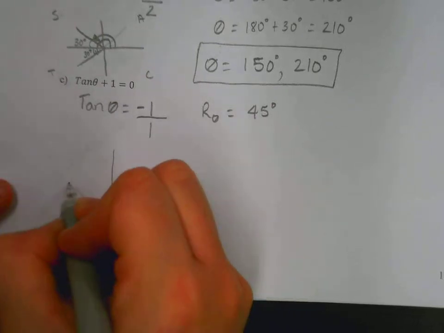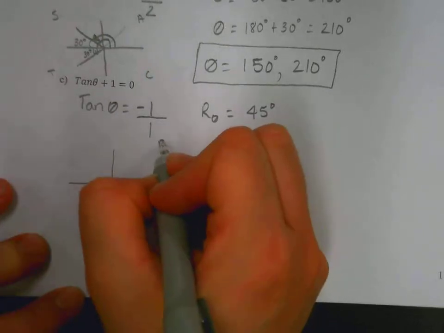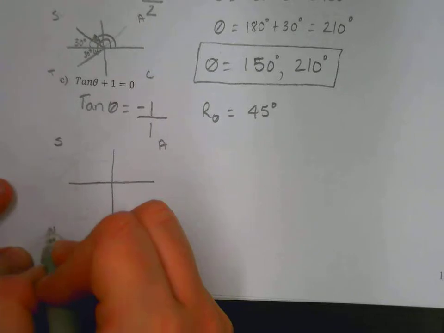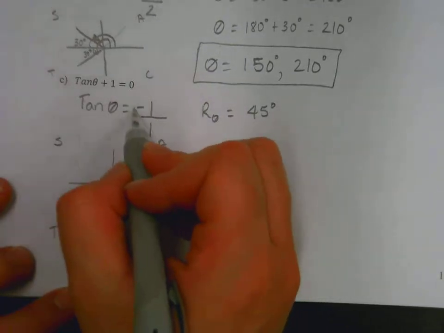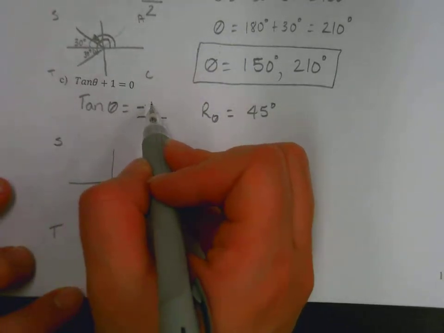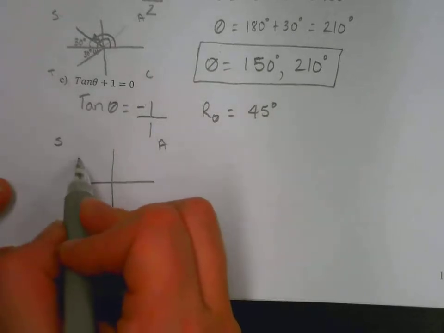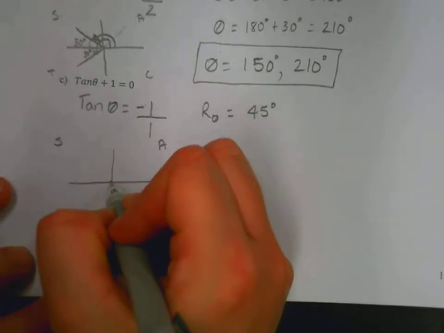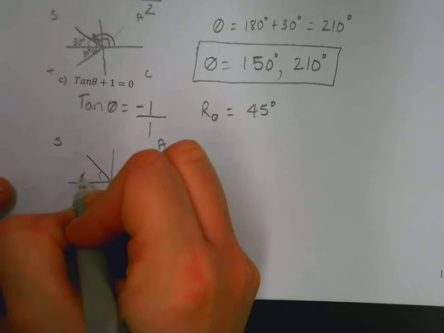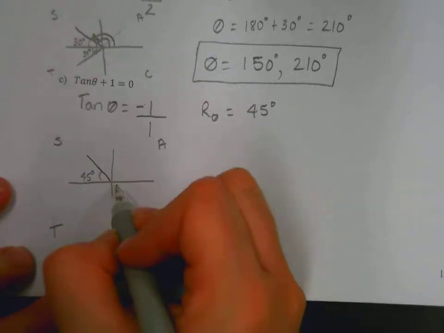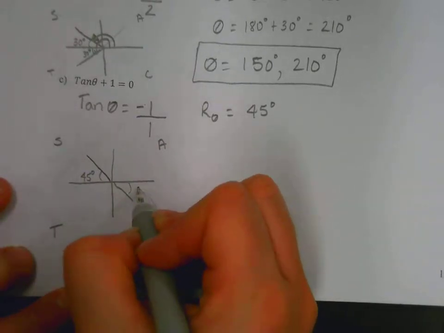Okay, now I'm going to sketch this. I'm going to think about my CAST rule. In which quadrants is my tangent ratio negative? My solutions should be in quadrant 2 with a reference angle of 45 and in quadrant 4 with a reference angle of 45.